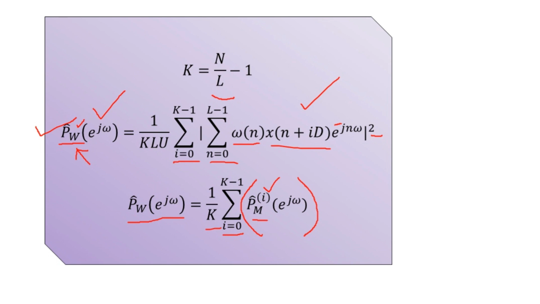Now both the representations for the power spectrum estimation by Welch's method have been given. As we have already seen for the previous cases, the performance of these power spectrum estimation techniques is assessed with the help of statistical characterization like the expected value, also called the mean, and the variance.